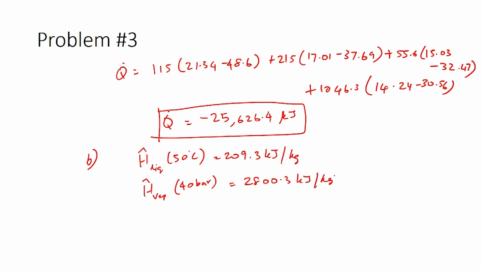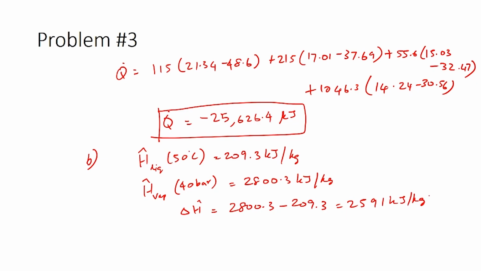So, the total change in specific enthalpy for the water coming in at 50 degrees Celsius and leaving as water vapor saturated at 40 bar would be 2800.3 minus 209.3, which is 2591 kilojoules per kilogram.